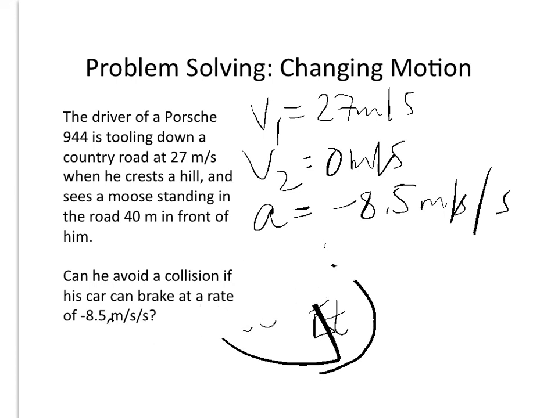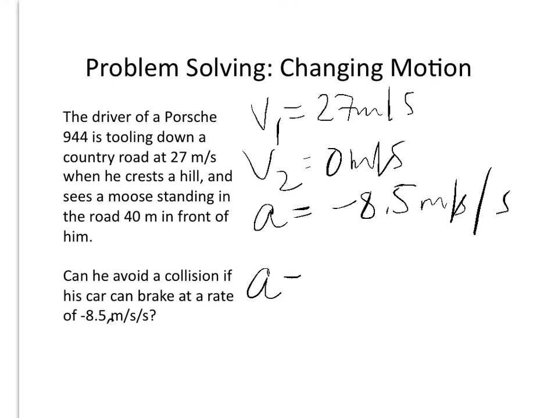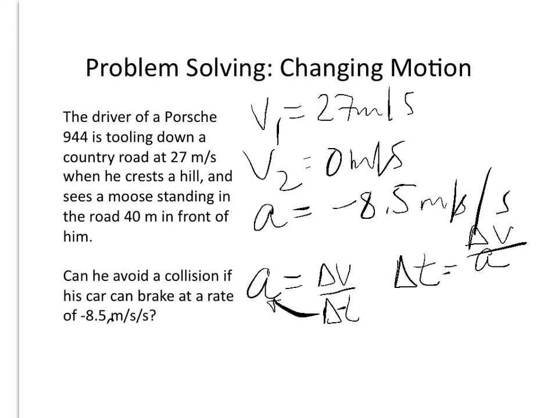So just clear a little space here. And what I'm going to do is take the information that I've got and go ahead and do some algebra. So I know if delta v over delta t is acceleration, that tells me that delta t equals, I'm going to cross multiply here, and I'm going to bring the acceleration down. It's going to be delta v over a.